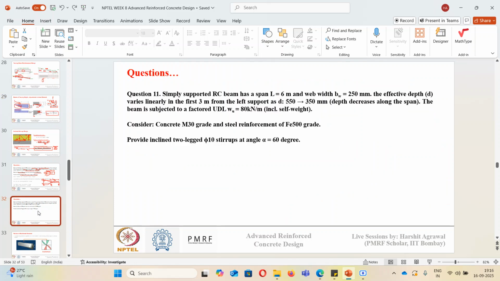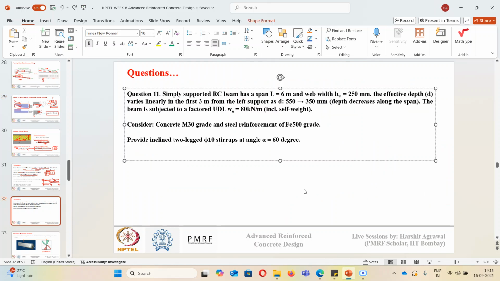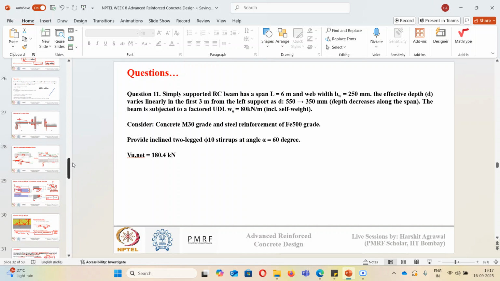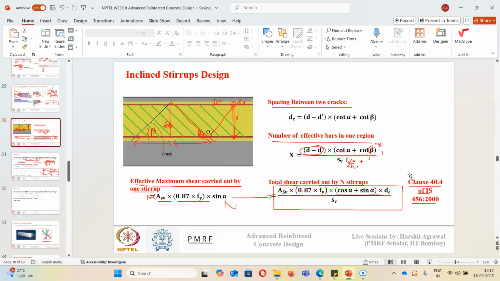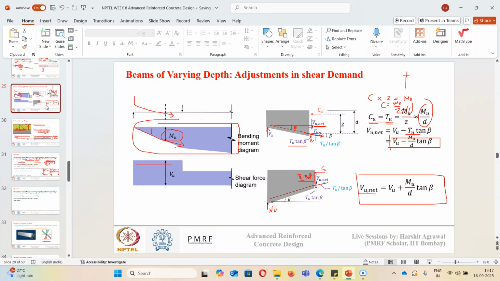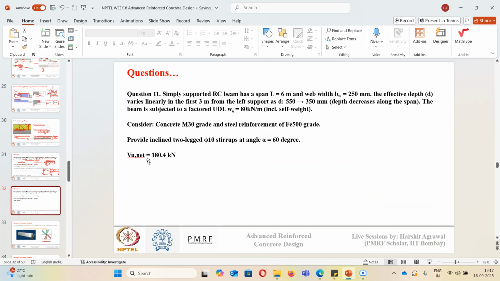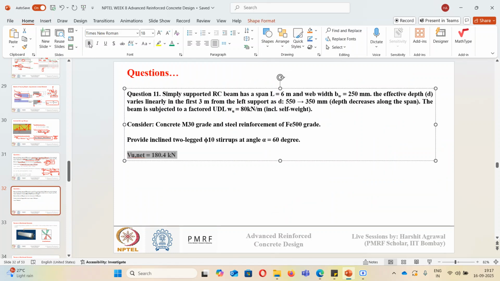So I will estimate Vu net, and you will see it comes out to be something like 180.4 kilonewton by using this formula. We have all the values here in this question: we know Vu, we know Mu, we know d, and we know tan beta. Substituting all these values, Vu net will be equal to 180.4 kilonewton.